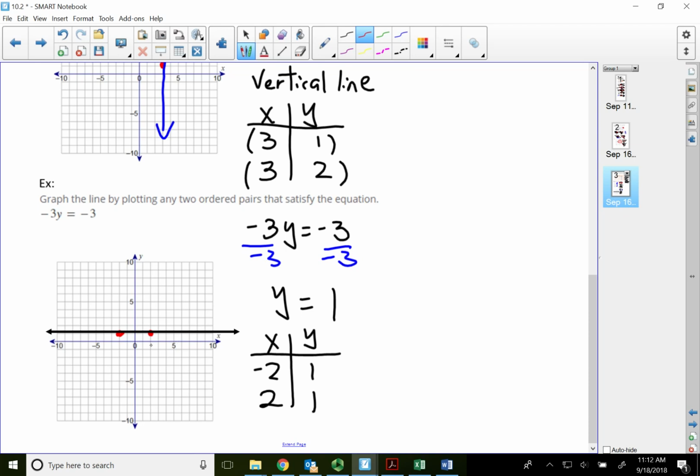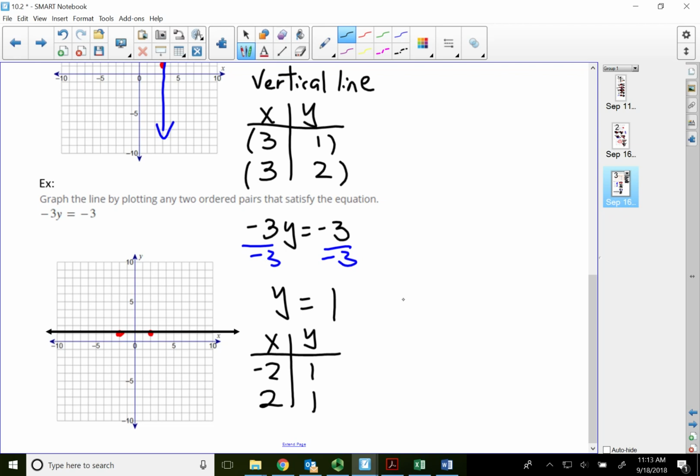I keep on saying 1 for the y value because on the horizontal line, all the y values are 1. So where is y equal to 1 on this graph? All you have to do is go up 1 and draw a horizontal line, and on that line, all the y values are 1.